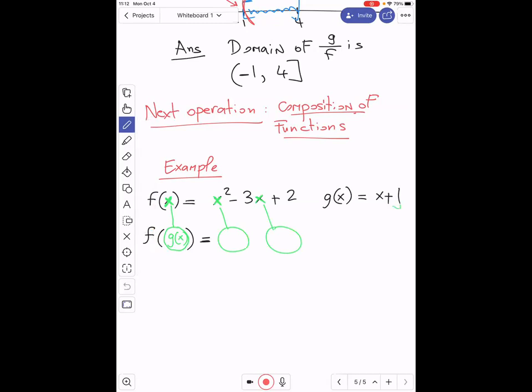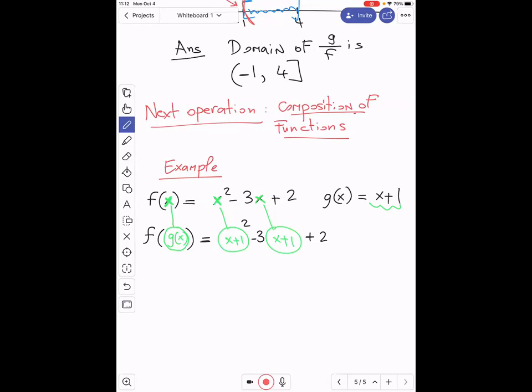So here it's going to be x plus 1, and here, instead of x, I substitute x plus 1. Then there's a square right here, a minus 3, and then plus 2. So I just replaced x by x plus 1, which is g of x.